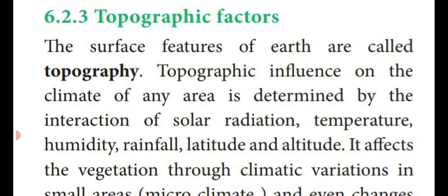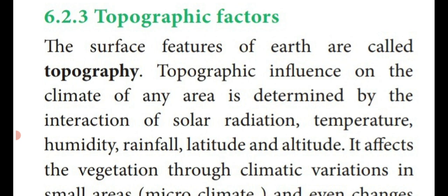This topography, which influences on the climatic condition of any area, is determined by the interaction of solar radiation, temperature, humidity, rainfall, latitude and altitude. So these are all the different surface feature of the earth. We are going to study about those surface feature is known as topography.